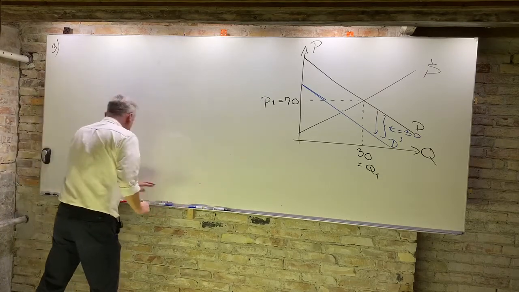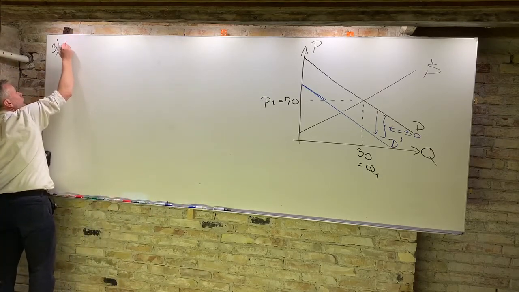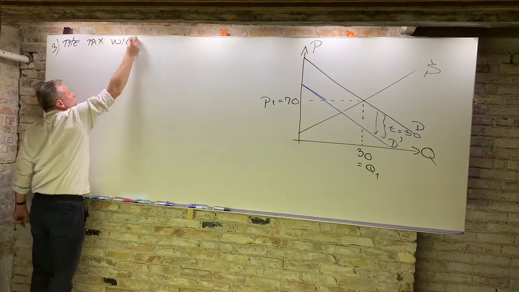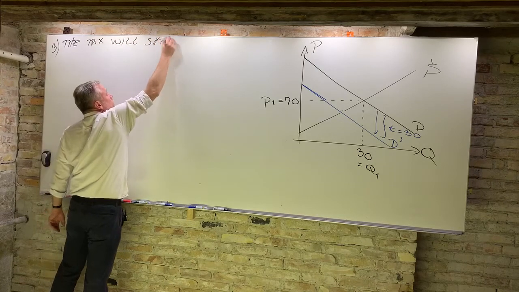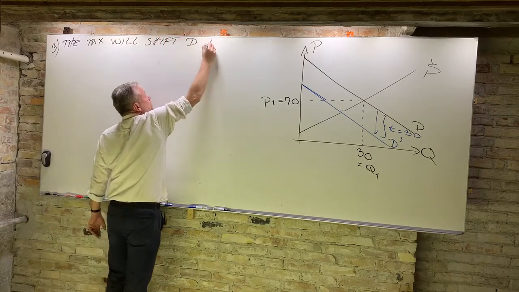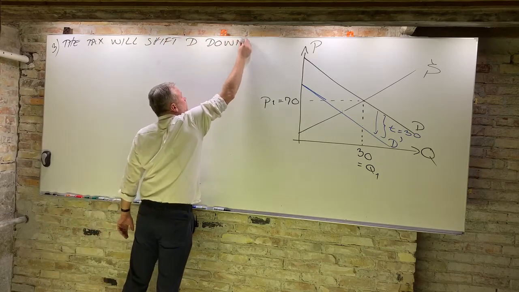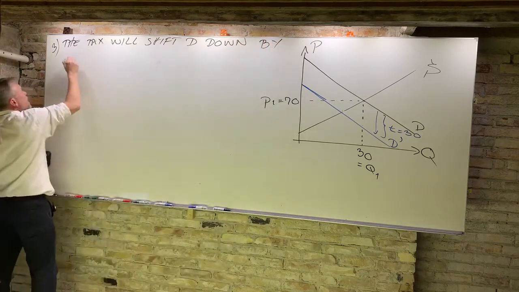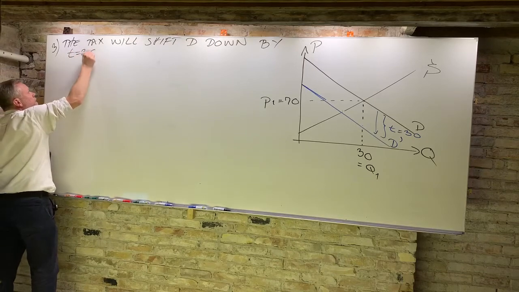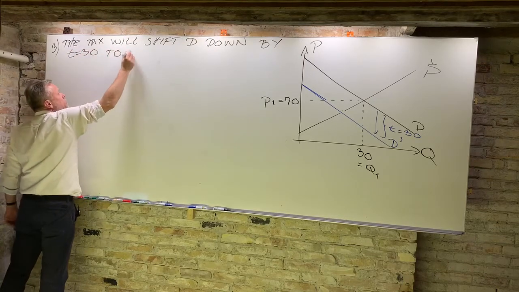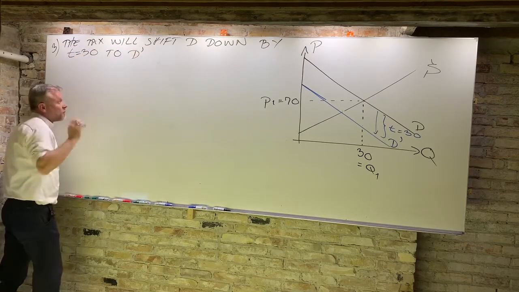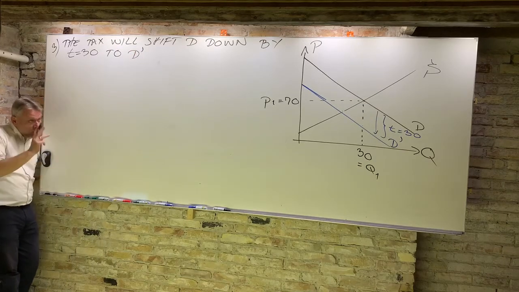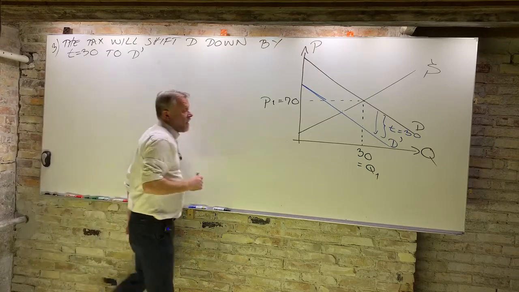And then we write that the tax will shift demand down by T equaling 30, the tax equaling 30, to D prime. And please note, I'm going to finish the sentence. So there isn't a period yet.